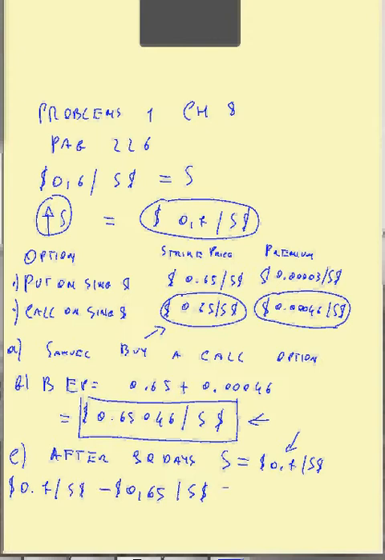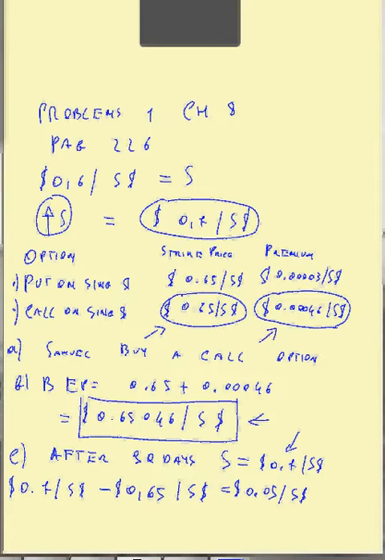So we have a profit equal to 0.05 USA dollar for each Singapore dollar. But this is a gross profit, because in order to buy this call option, we have to pay this premium.